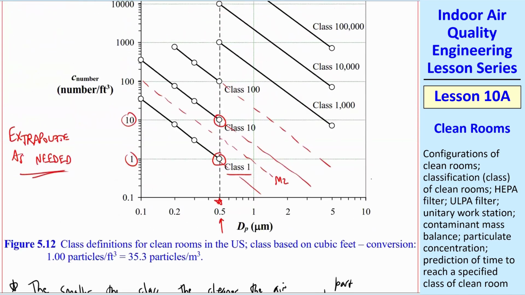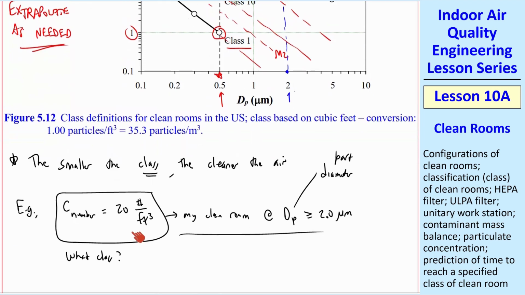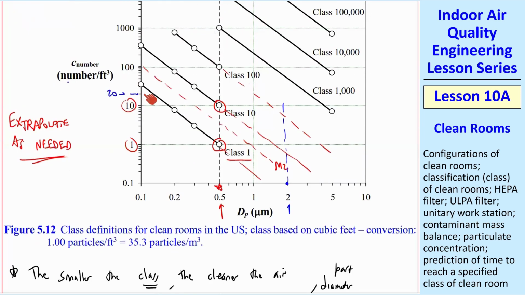Well, I can go up to this diagram and say I have 2 micron particles here, and I go straight up and I have 20 particles per cubic foot. That's this little tick. This is an English system. And you come over and you say, here I am. So what class is it? Well, it's not good enough to be a class 100, which is this line. It is definitely good enough to be a class 1000.